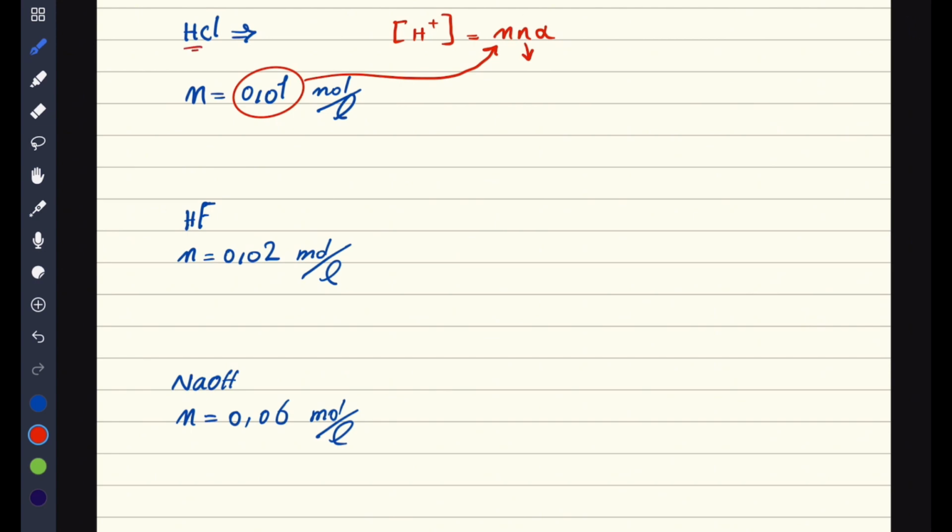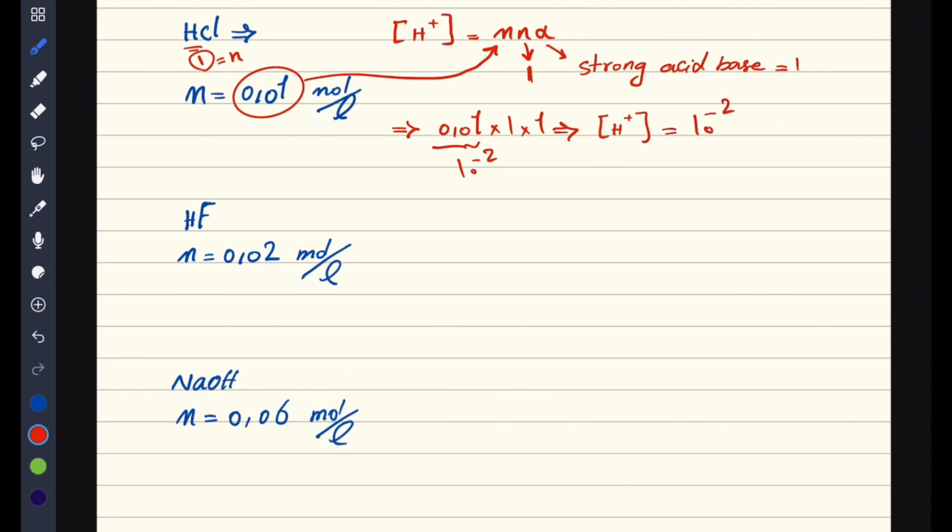And since hydrochloric acid is a strong acid, we consider alpha as 1, and since it releases 1 proton, n is equal to 1. Now the proton concentration is equal to 100, and it is better to write 10 to the negative power of 2.